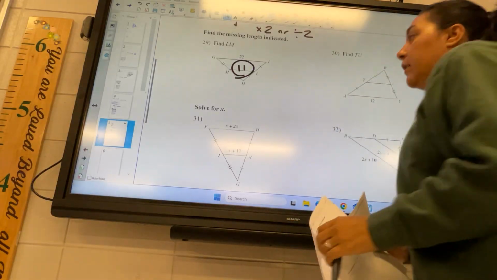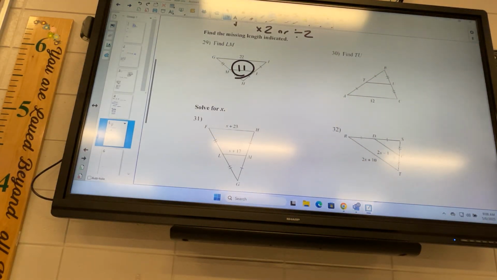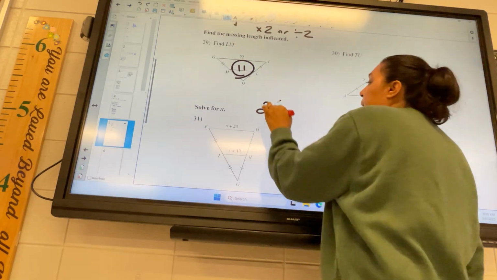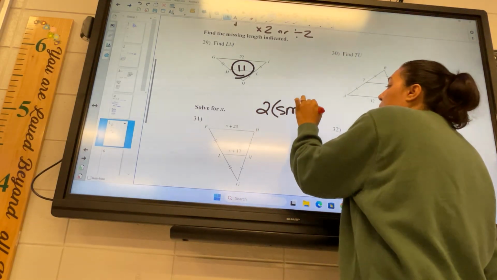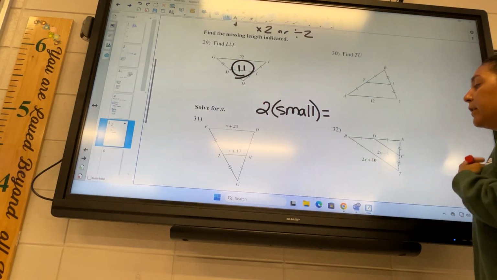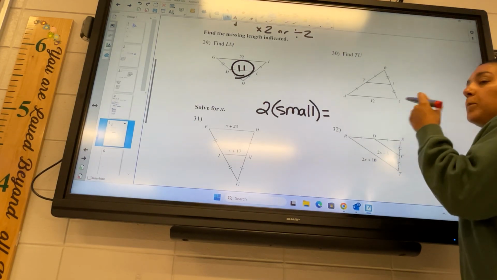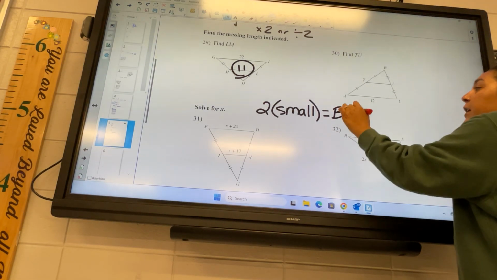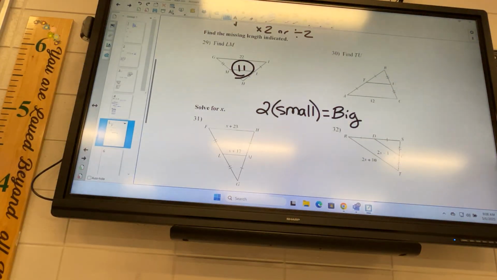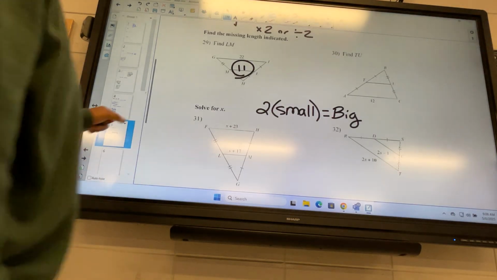Okay, 31. So we know that you take the half. The formula goes like so: 2 times the small equals what? Who remembers? 2 times the small equals the big. Good. 2 times the small equals the big, or 2 times the inside one is going to equal the outside one.